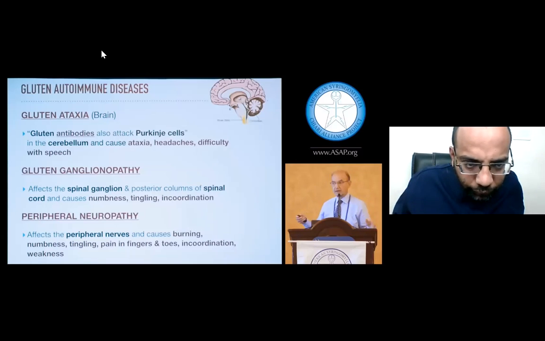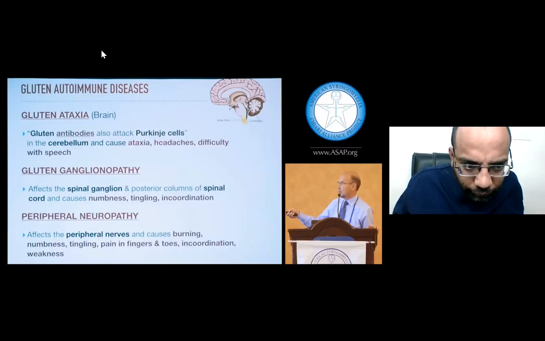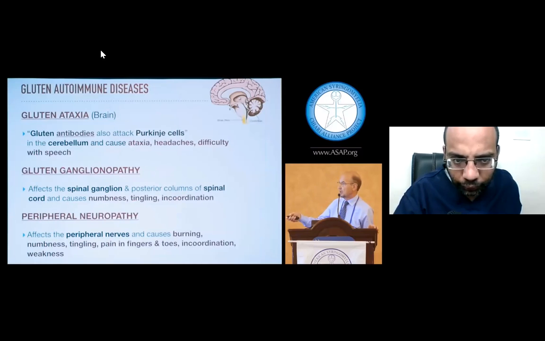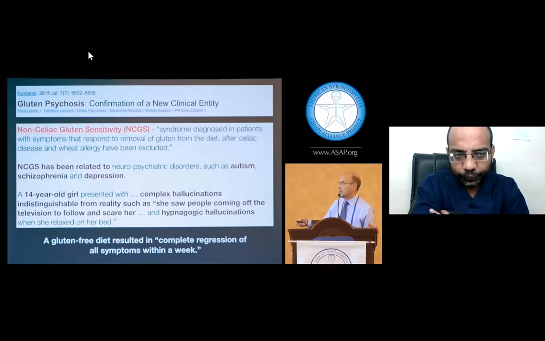Our immune system is working against us, knocking out the Purkinje cells, and that causes ataxia: difficulty walking, headaches, difficulty with speech. Or if it hits your spinal ganglion, you have numbness, tingling, and loss of coordination. Or if it hits your peripheral nerves, burning, numbness, tingling, pain in the fingers and toes, and weakness. So a lot of neurological problems.